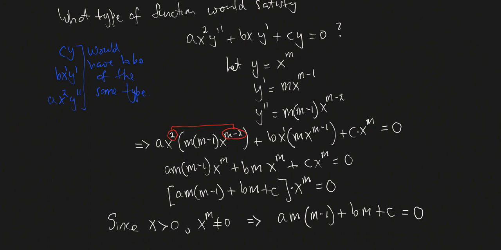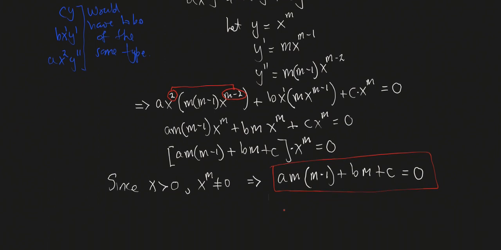And what we have here is actually another quadratic in m. And this is the auxiliary or characteristic equation for a second order Cauchy-Euler homogeneous equation. So this is the key to solving the whole thing. Let me call it star because it's a superstar.